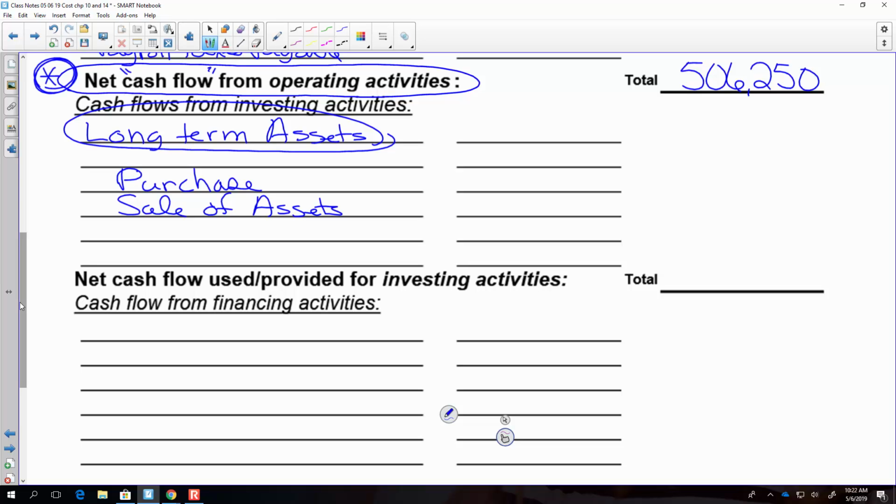So, what does the bottom information give us? The equipment that we sold was $225,000 originally. What do I want to show here? The sale. So what number do I need? 225. No. Oh, the 175. The 175 is what we need here, right?